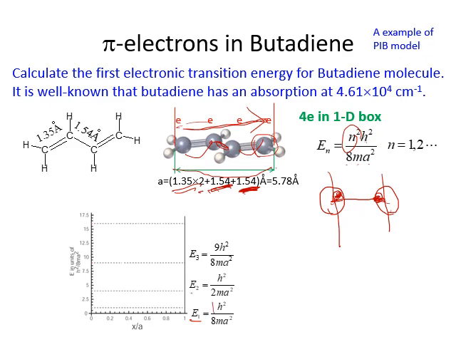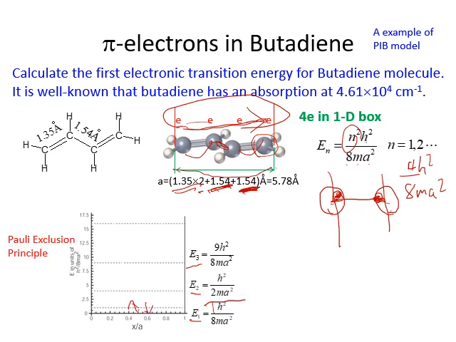When n equals 2, 2 squared is 4, divided by 8, h squared, m a squared, and that gives you half h squared divided by m a squared. And then this is n equals 3. Now, because we have a total of 4 electrons, the 4 electrons cannot all go to the lowest energy level.